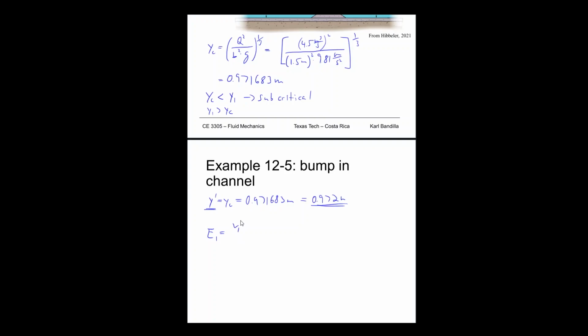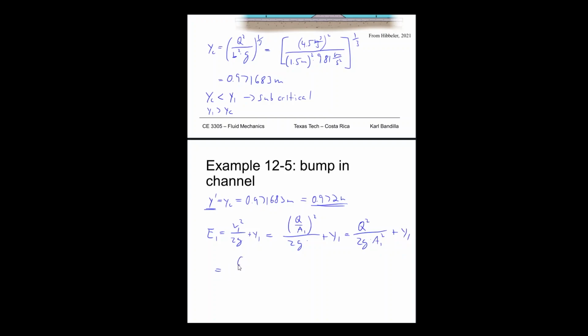We can say E1 would be V1 squared over 2G plus Y1. Now we're not given what the velocity is, so we need to use the flow rate. So we'd have Q over A1, squared, over 2G, and then up here plus Y1. Be careful. That would be Q squared over 2G times A1 squared plus Y1.